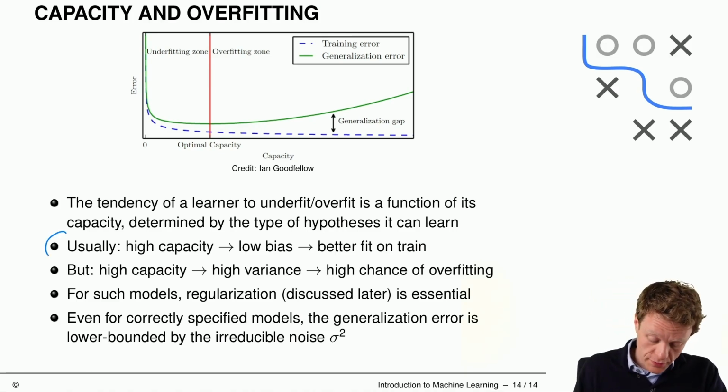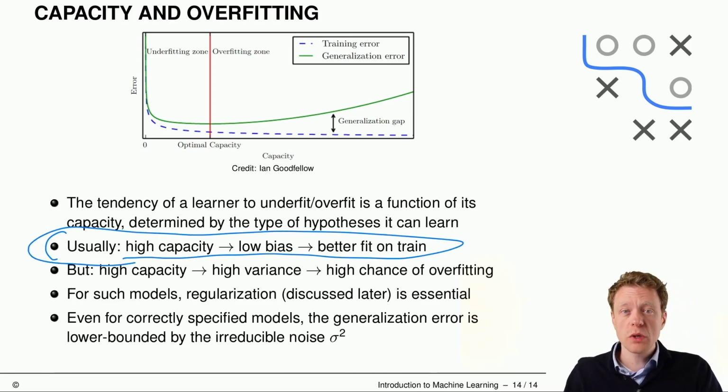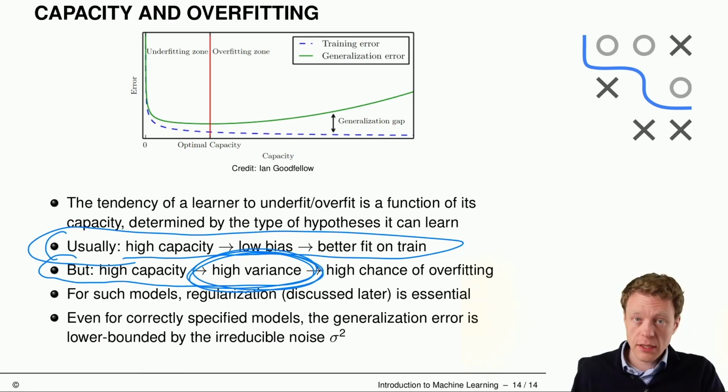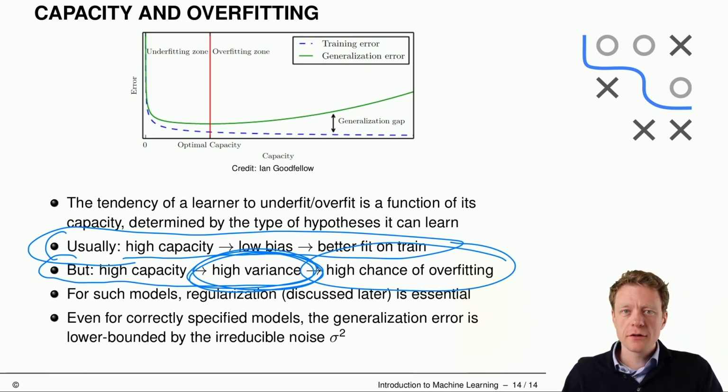Here again, what I just said, high capacity will usually lead to a low bias, so we fit the training data very well, but the high capacity leads also to high variance, as you have seen in the d = 7 example, so the chances of overfitting are higher. How to find a good trade-off?